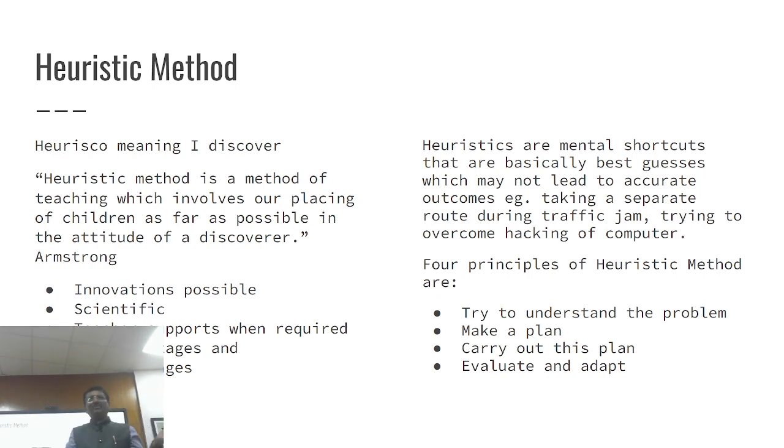The child is trying to discover, but while doing so, he may go on a right path or a wrong path. Four principles are: try to understand the problem which the child is encountering, make a plan for resolution, carry out this plan, then evaluate and adapt.